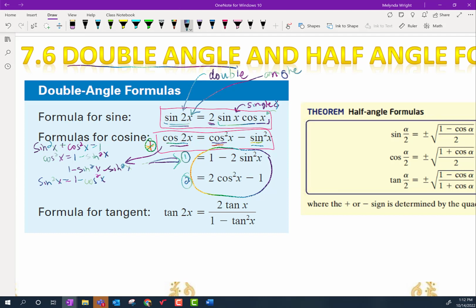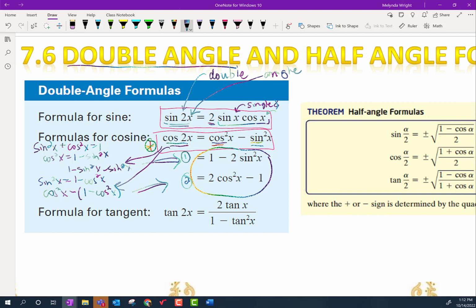And then they took out the sine squared and put in 1 minus cosine squared. So I'm recopying this formula. That's cosine squared minus, and then I'm going to insert 1 minus cosine squared in its place. And if you'll notice, that will generate this second rendition of 2 cosine squared minus 1.